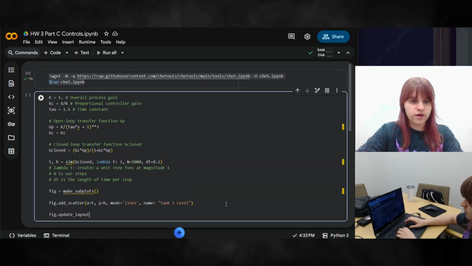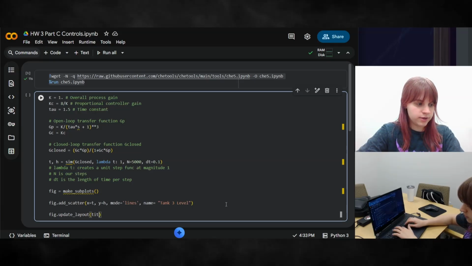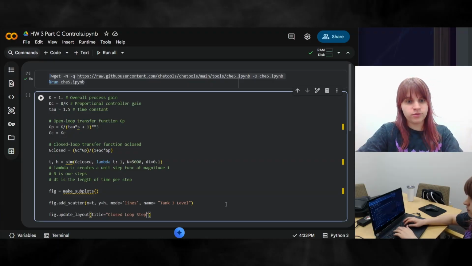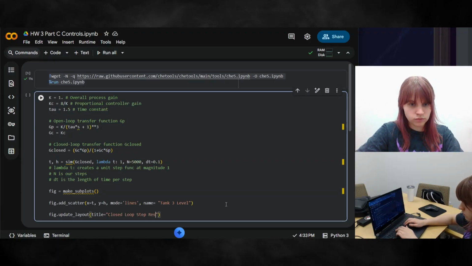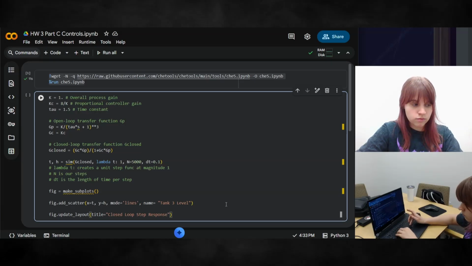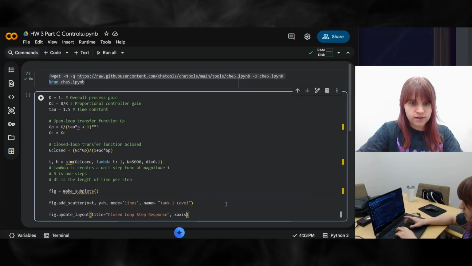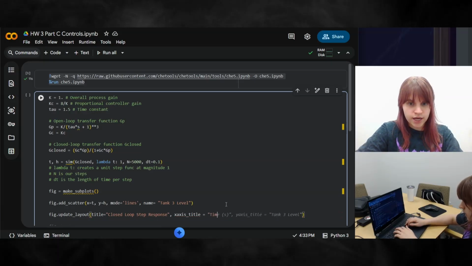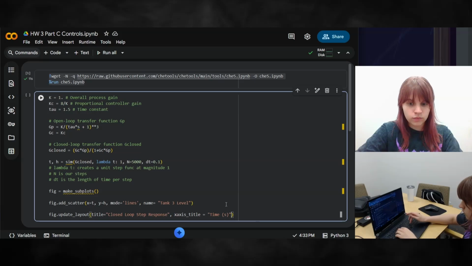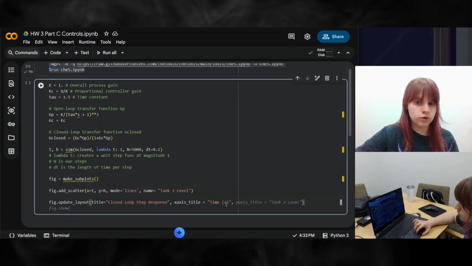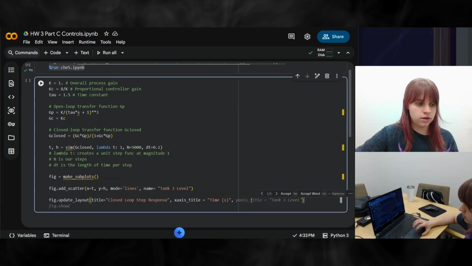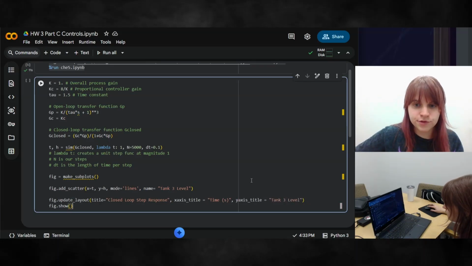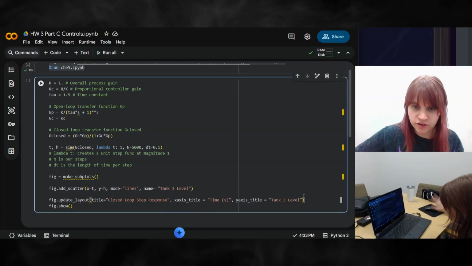I'm also going to update the layout like I typically do. I'm going to add a title, closed loop step response. The x-axis title is time. The y-axis title is the Tank 3 level. So the suggestion was correct there.